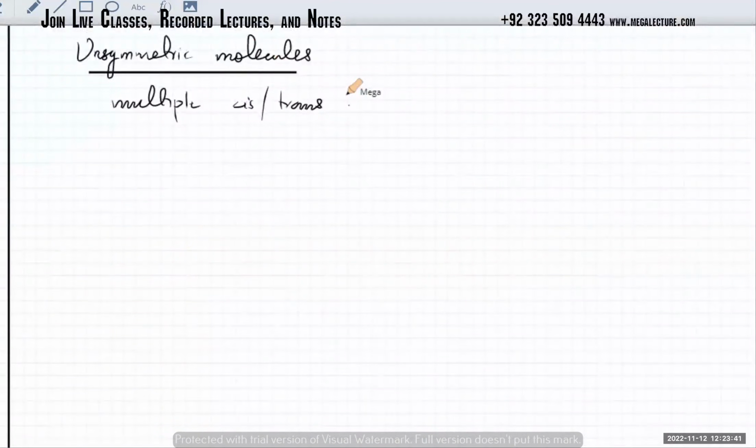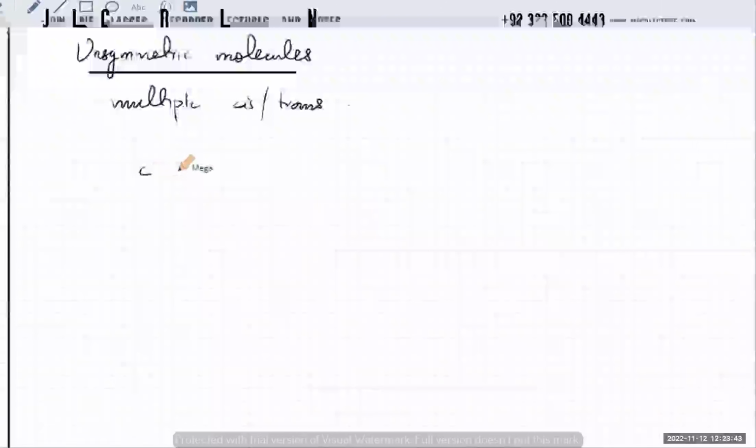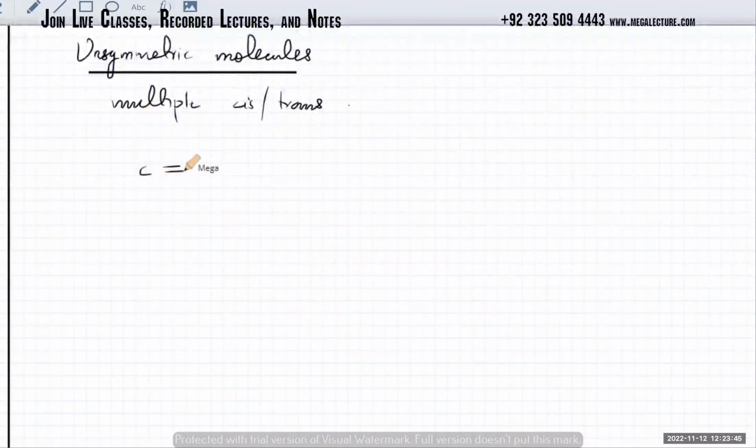So for example, I've got this molecule. It's got a double bond. It's got an H, H and Cl here. And I've got H, and I've got let's say a CH2. Okay, forget the CH2.